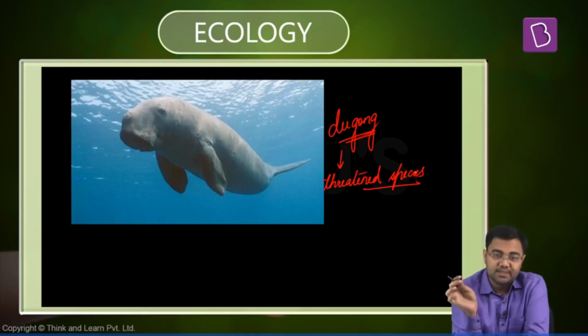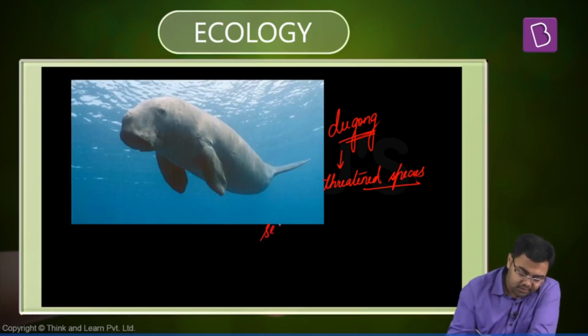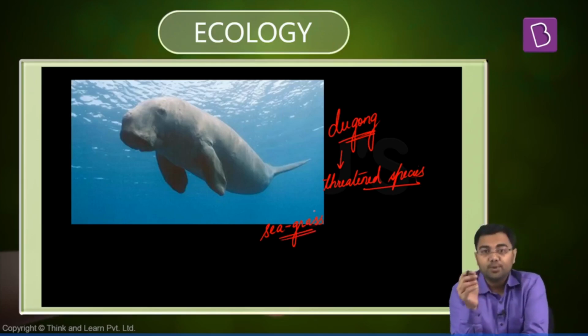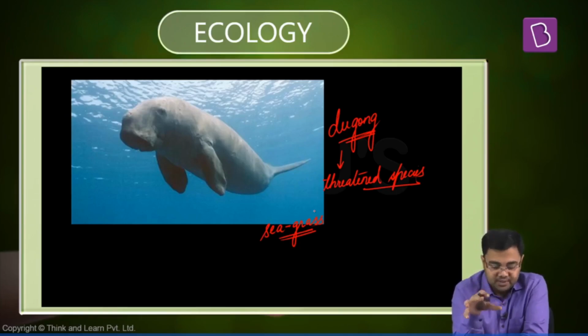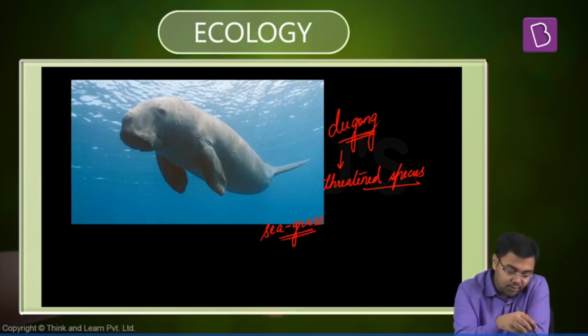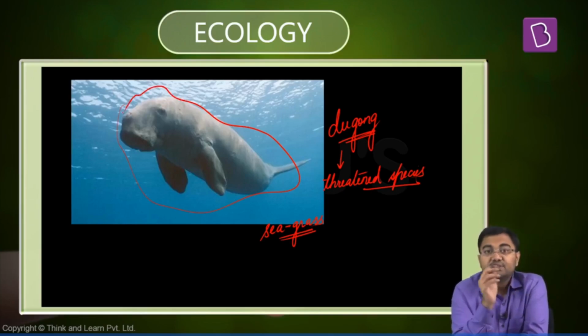It requires seagrass for its survival. Problem is, with rapid industrialization and development, we have seen a decline in the amount of seagrass that is there in that area. Since seagrass is required, and seagrass is absent, because of absence of seagrass, dugong is facing a threat. So this is what happens.